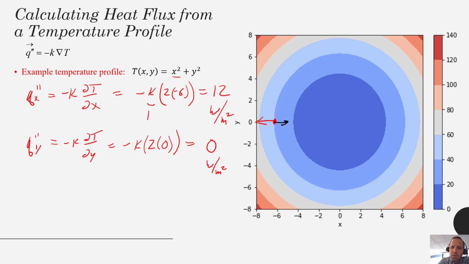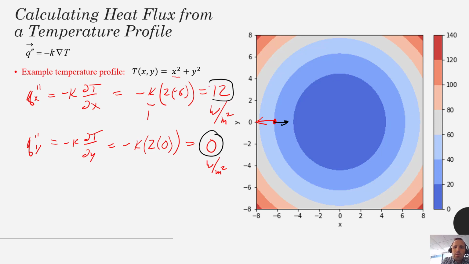Notice that there's no gradient in the y direction, and if you look at the symmetry here, it's neither increasing nor decreasing when you go in the y direction. It's just flat at this particular point. So our vector is only going to point in the x direction. That's where the 0 comes in. There's no y component of the gradient, so there's no y component of the flux.